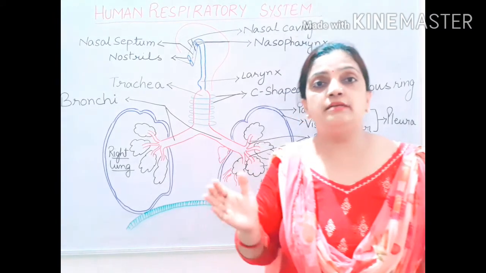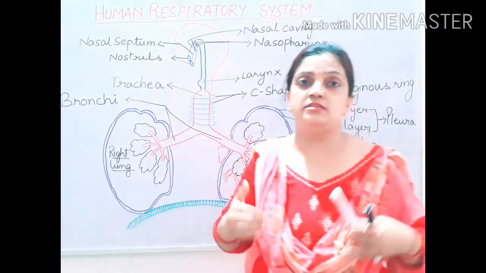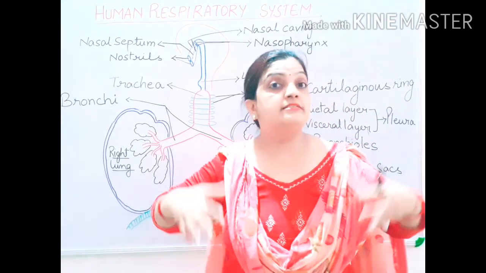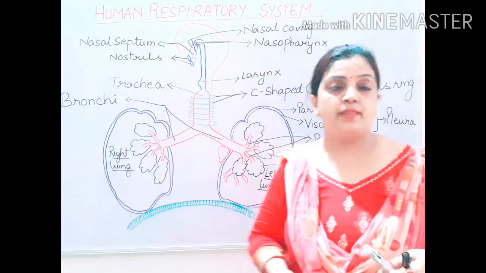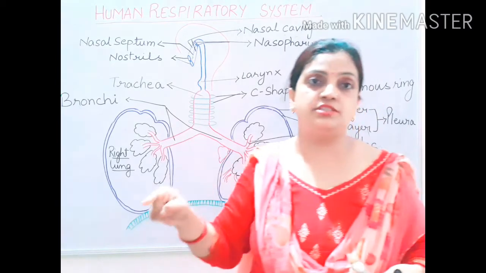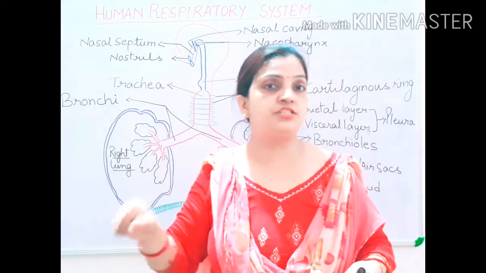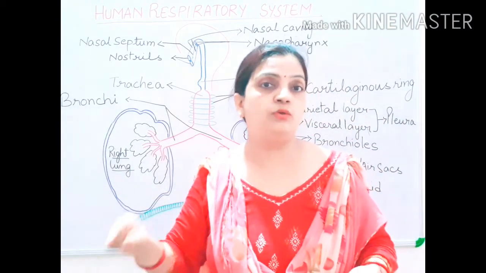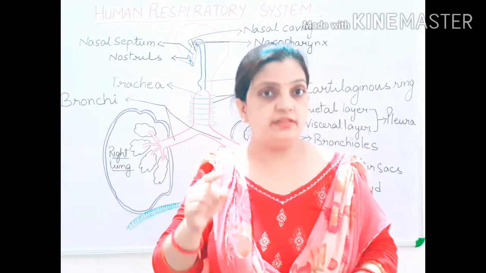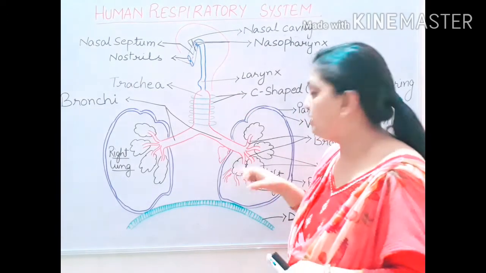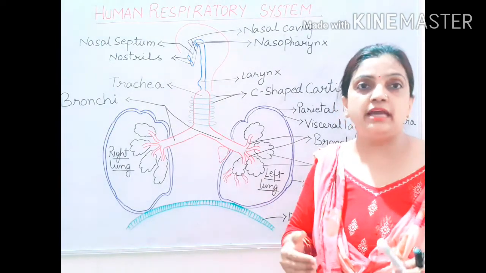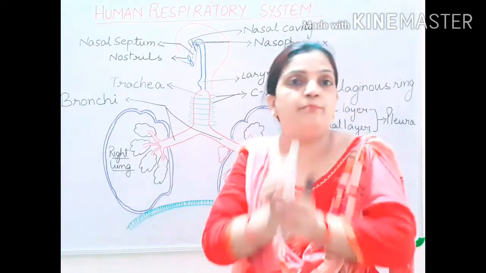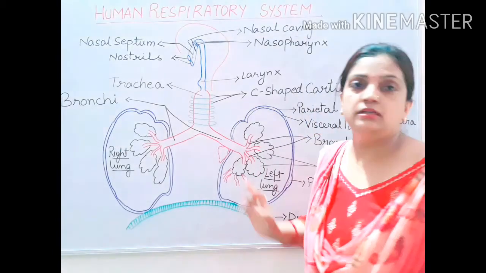When a large amount of oxygen is present inside the alveoli, a sufficient amount of oxygen can be supplied to the blood, and blood can carry that oxygen to the cells for the oxidation process, for the breaking down of glucose. That is the reason why our alveoli are many in number, as well as very compact structures present inside the lung.